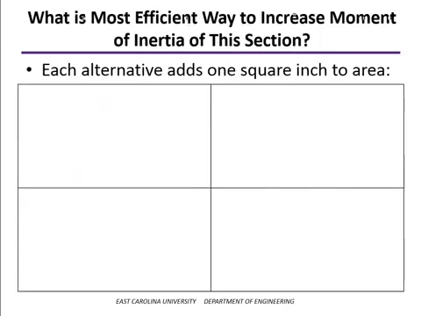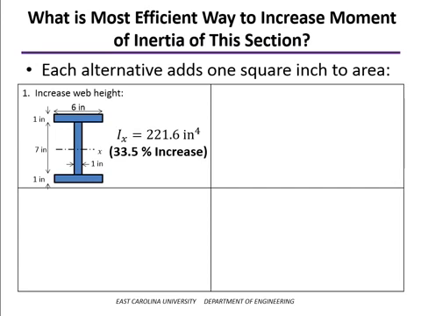And so with that in mind, how would we stiffen this beam if we needed to increase the moment of inertia? What's the most efficient way to do that? So we've looked at a couple of alternatives, each of which adds 1 square inch to the total cross-sectional area. Well, the most efficient way, as we just talked about, would be to increase the overall height of the beam.